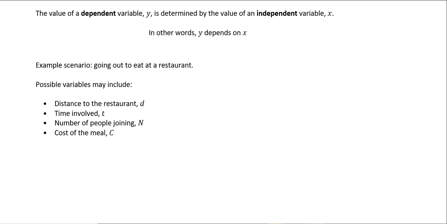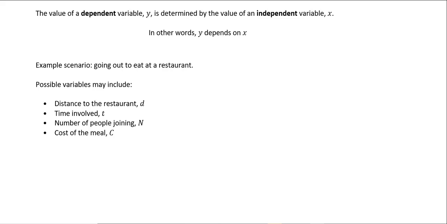And we're going to reason, how does one depend on the other? So I claim that the distance to the restaurant is going to affect how much time is involved in going out to the restaurant. In other words, time depends on distance.